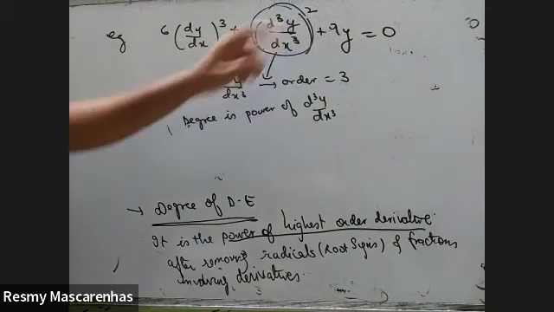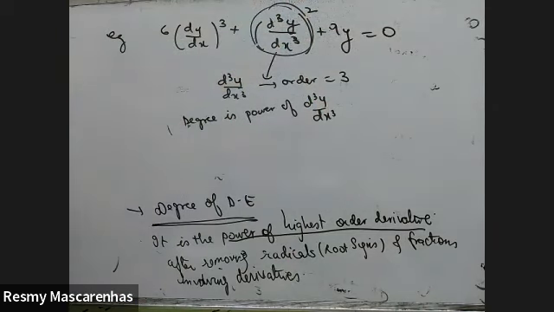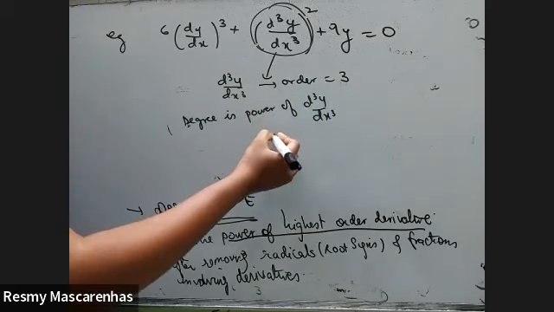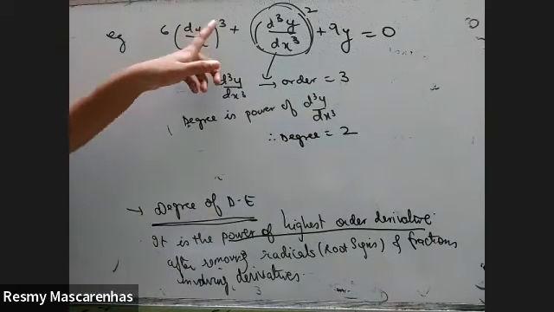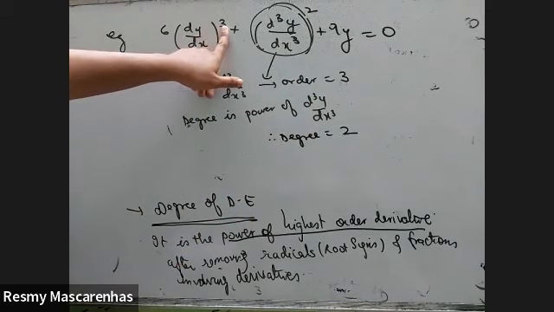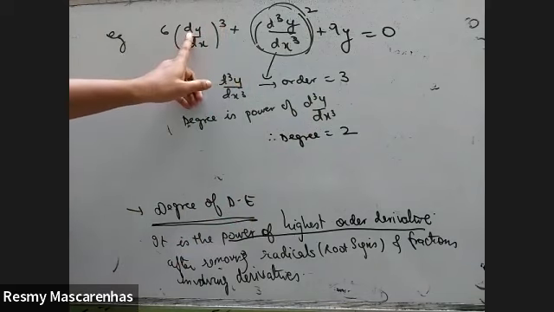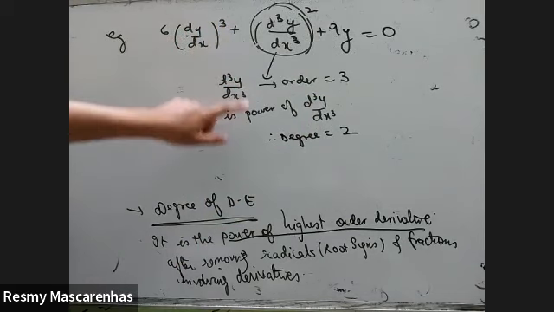What is the power of this? 2. Power is 2. So degree is the power of this. Therefore, degree is 2. Even though there is a power of 3 here, but this 3 is of what? This fellow. We cannot take 3 as my degree.